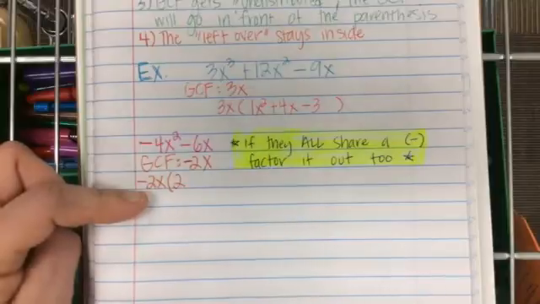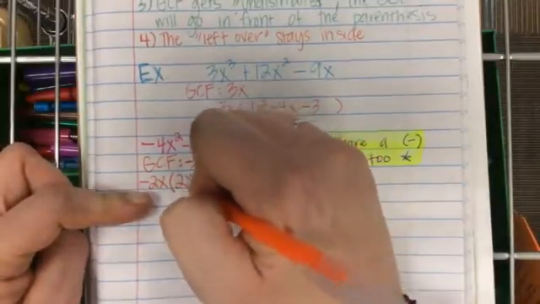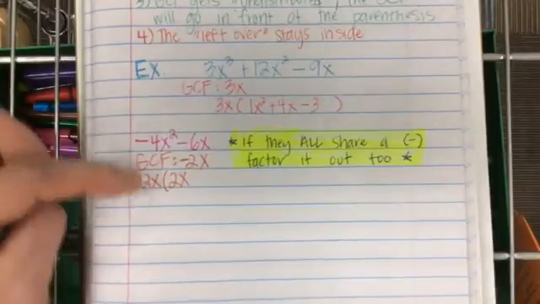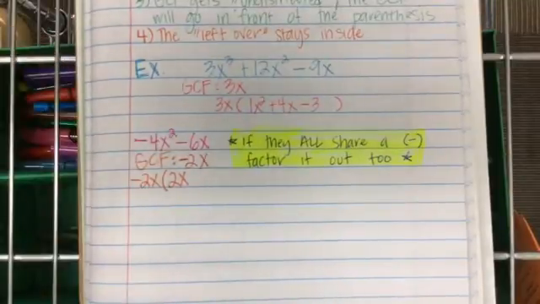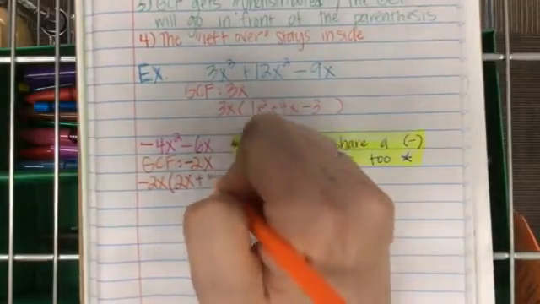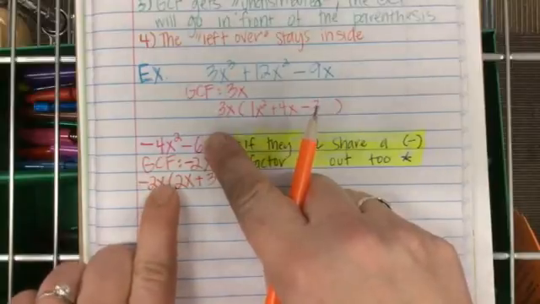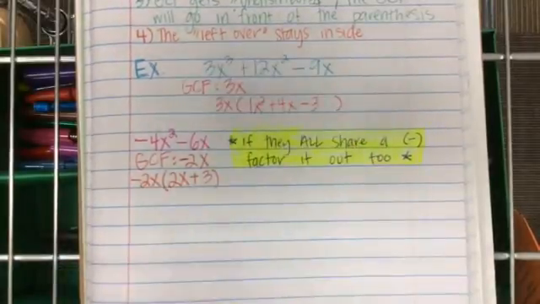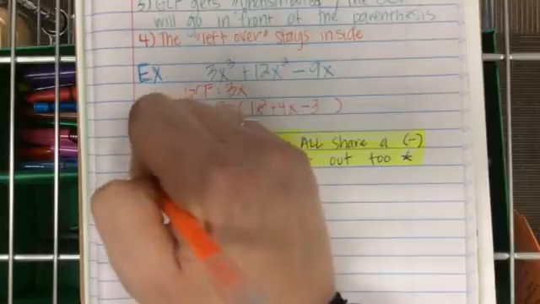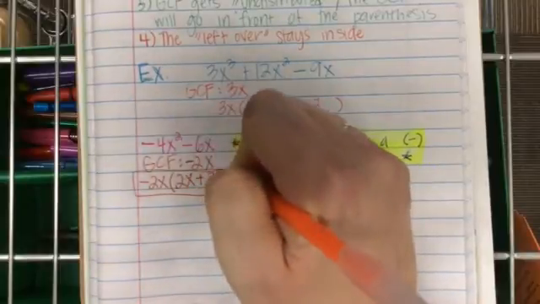What's x squared divided by x? What's negative 6 divided by negative 2? Positive 3. X divided by x is nothing. And there's your answer. We undistributed it. We factored it.